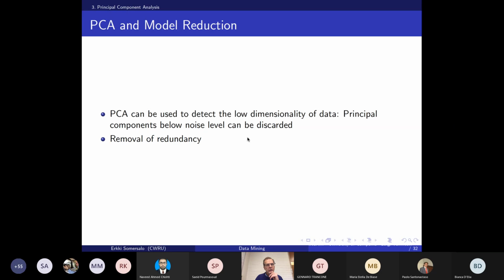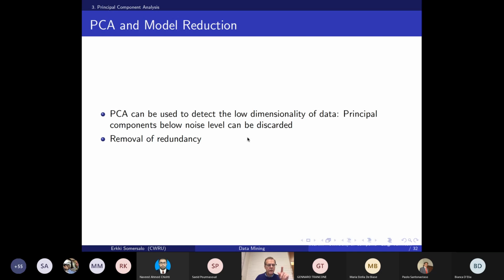So if I know that my data is, let's say, noisy, so let's say there is this 10 to minus 5 noise level. So anything which is below 10 to minus 5 can be considered as noise.